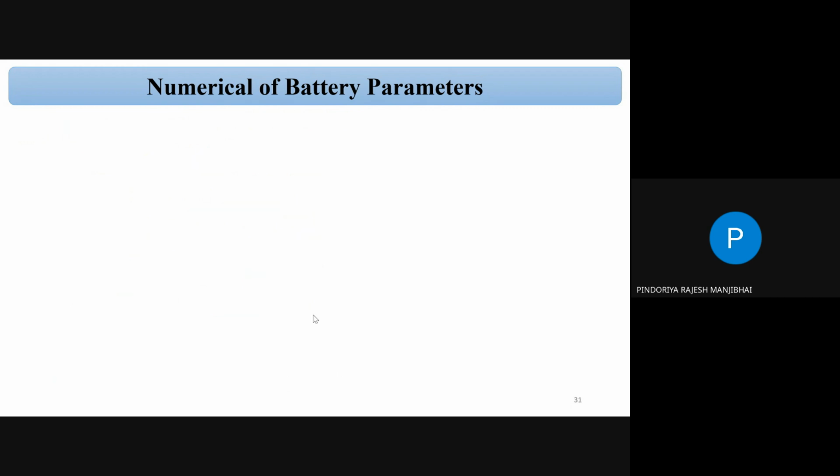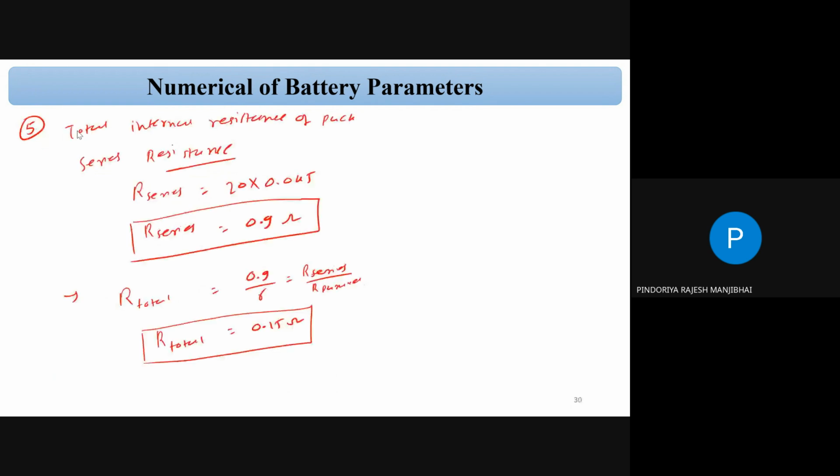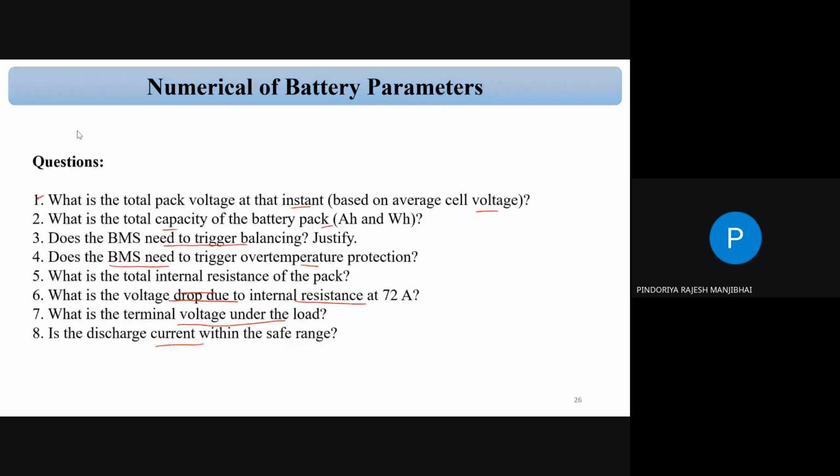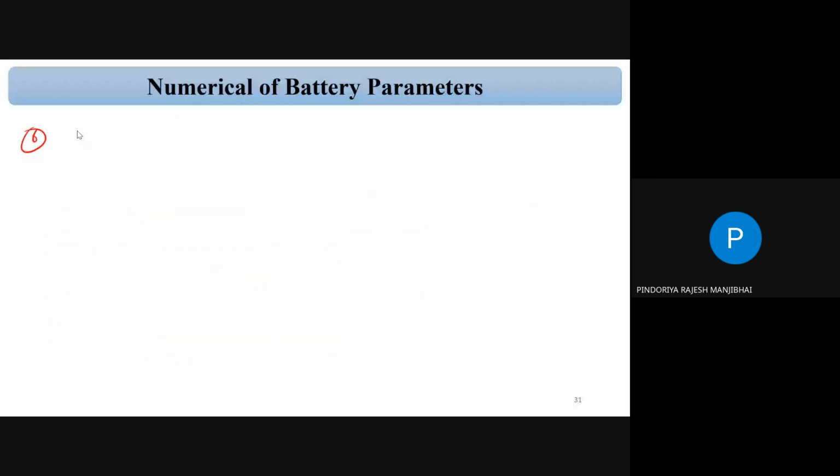Next we have to calculate the voltage drop at 72 ampere. Question 6.1: what is the voltage drop due to the internal resistance at 72 ampere? Suppose the current rating is 72 ampere. So at that time we have to calculate with the internal resistance.